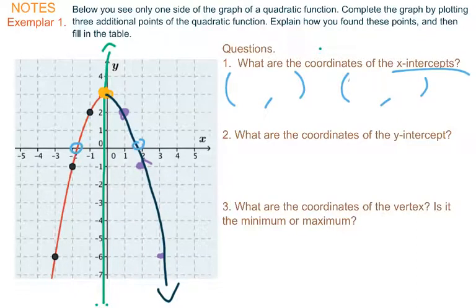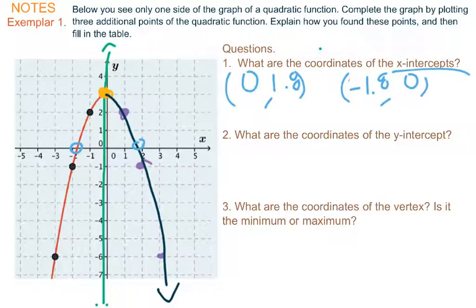I know they're definitely not close to 1 or negative 1. They're a little bit closer to 2, but not quite 2. So I'm going to say that this is (1.8, 0) and (-1.8, 0). Now watch how I wrote the exact values for those. Just for this instance, they're the exact same distance away from 0, so they'll have the same value.